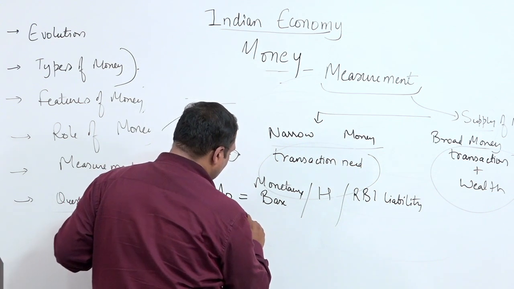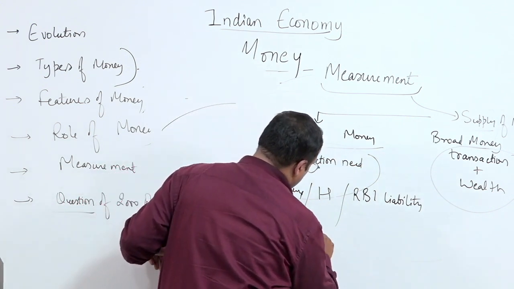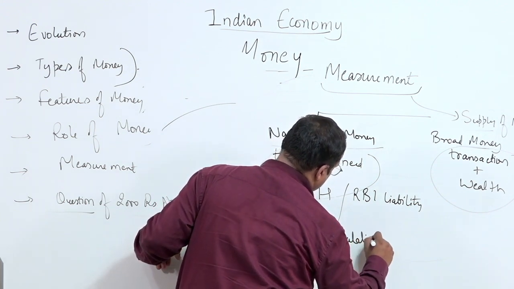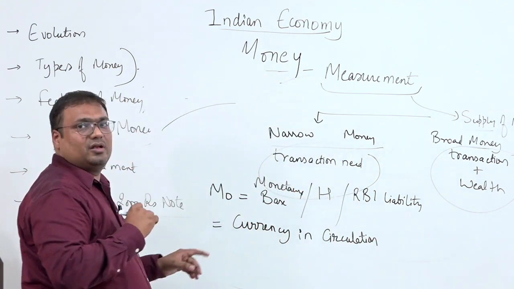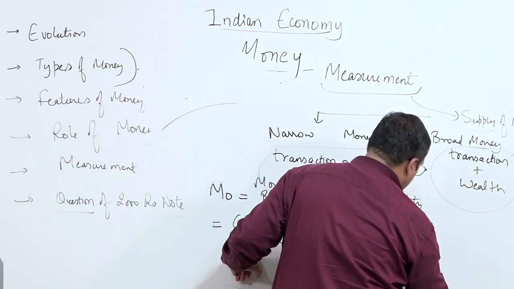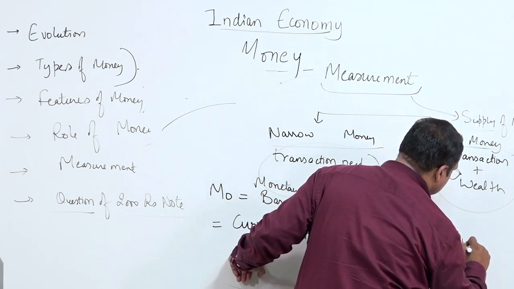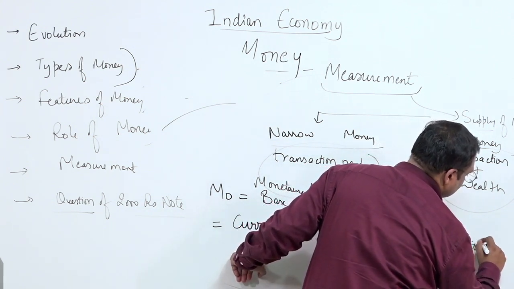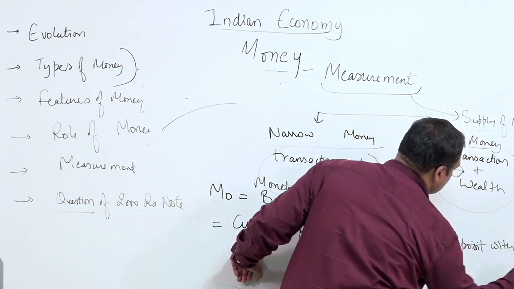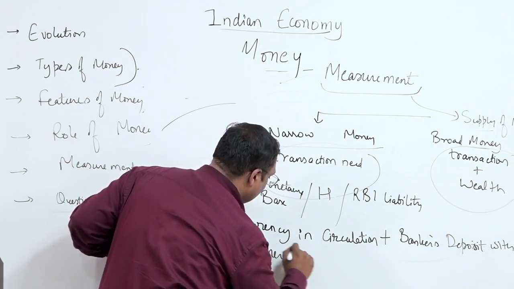We calculate it as currency in circulation plus bankers' deposit with RBI plus other deposits with RBI.